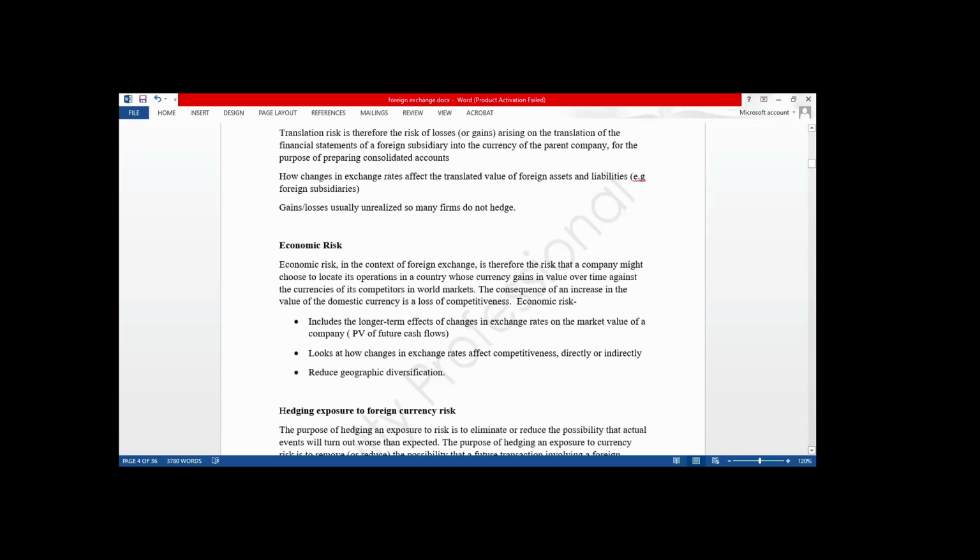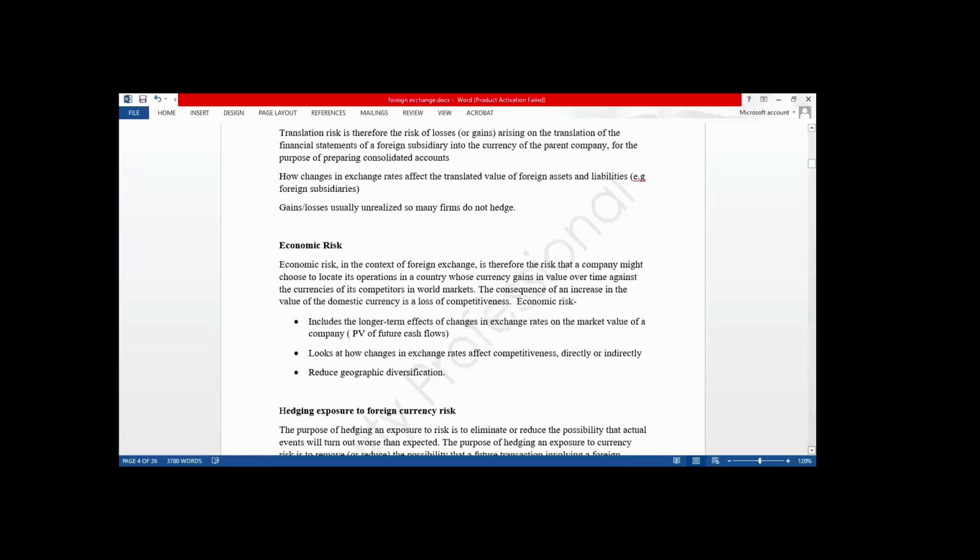Where there's economic risk, multinational companies are highly exposed. Imagine Shell Petroleum. Shell Petroleum has their parent company in US. They now have a subsidiary in Nigeria.